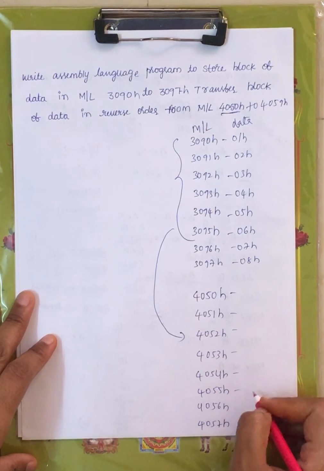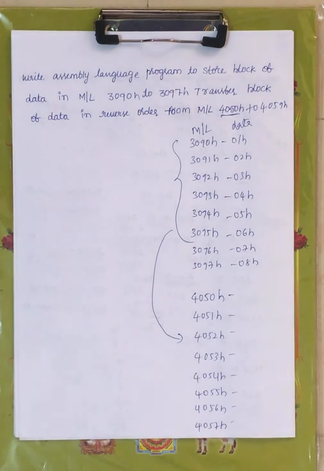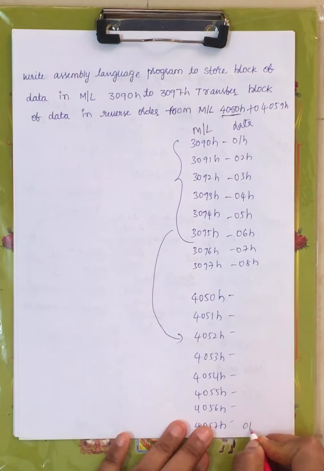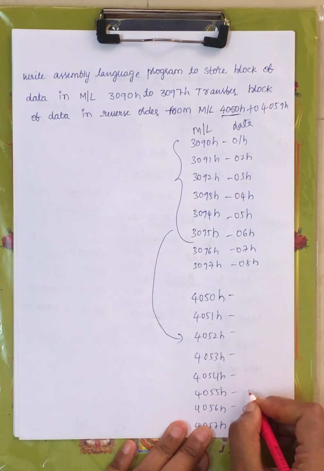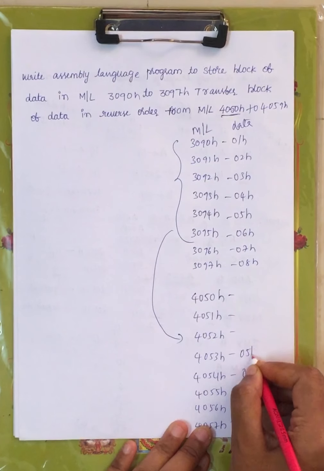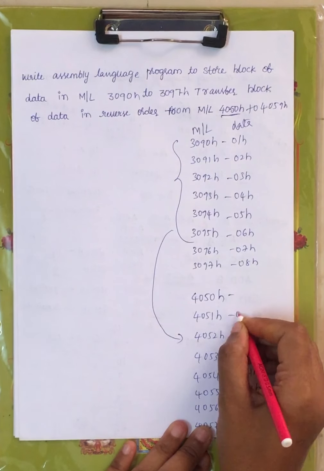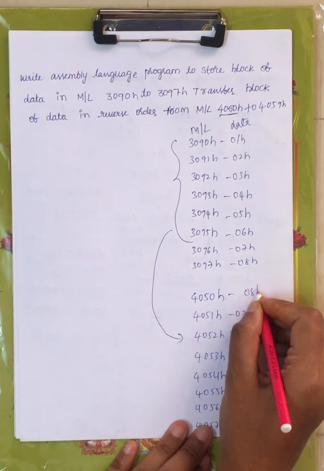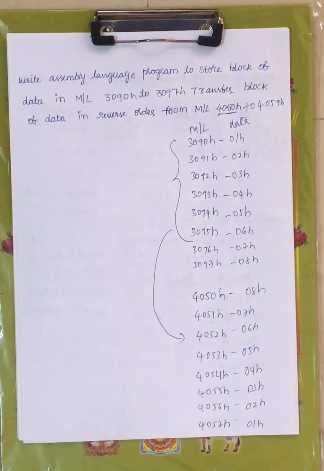Here this logic is followed. That means here it should be 01H, 02H, 03H, 04H, 05H, 06H, 07H and 08H. This is the scenario we have to follow, right?